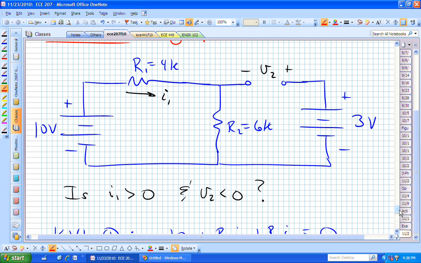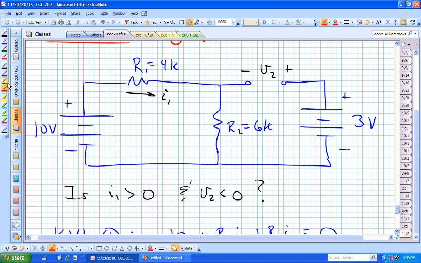The question was, if V2 is negative, is the voltage across that gap opposite to what we've indicated? And yes, it is. It's now negative in the way that we've defined it. So it's now positive on the left and negative on the right. If it's positive on the left, which way was our diode going in this particular gap?